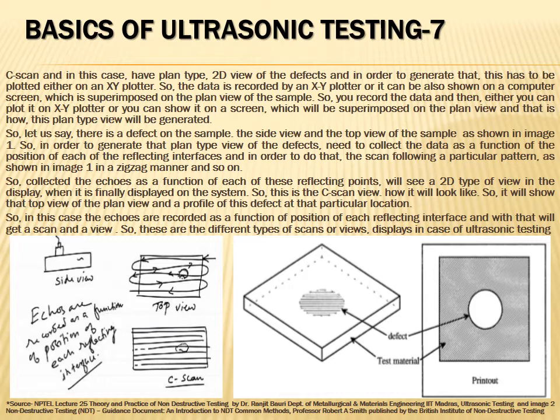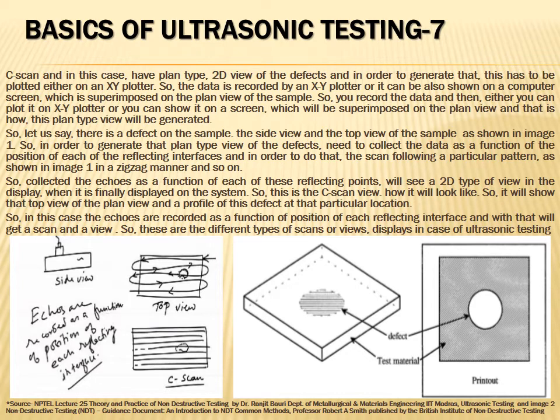So we record the data, and then we can either plot it on an XY plotter or show it on a screen superimposed on the plan view. That is how this plan-type view is generated.